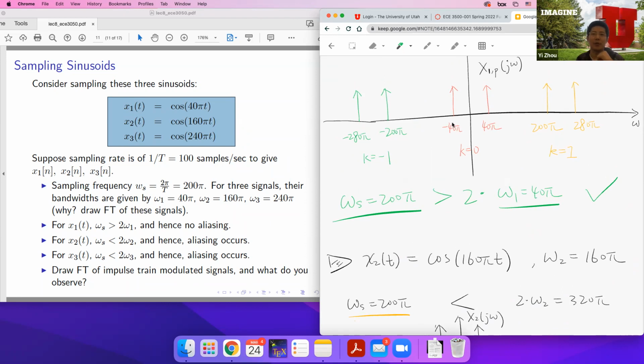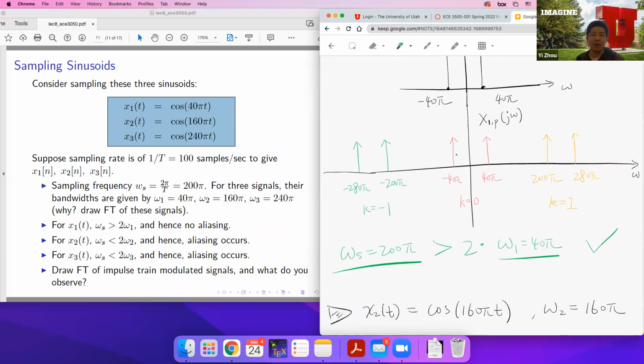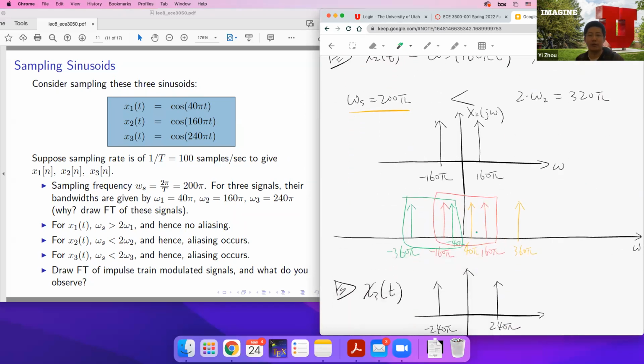For example, here you have arrows located at 40 and negative 40 pi, and the next one is 200 pi, 280. And if you look at this one, you have arrows located at 40 pi, negative 40 pi.